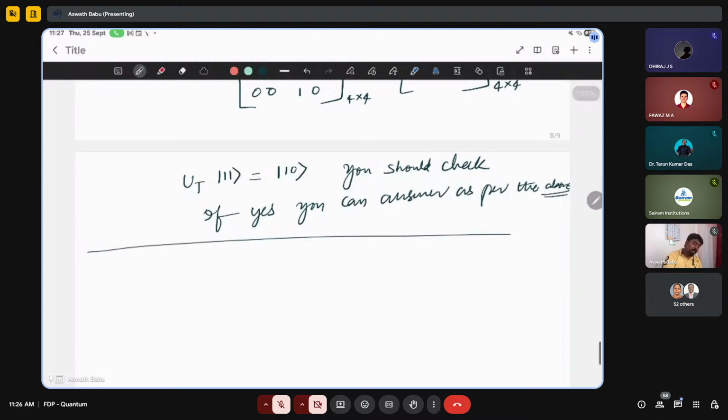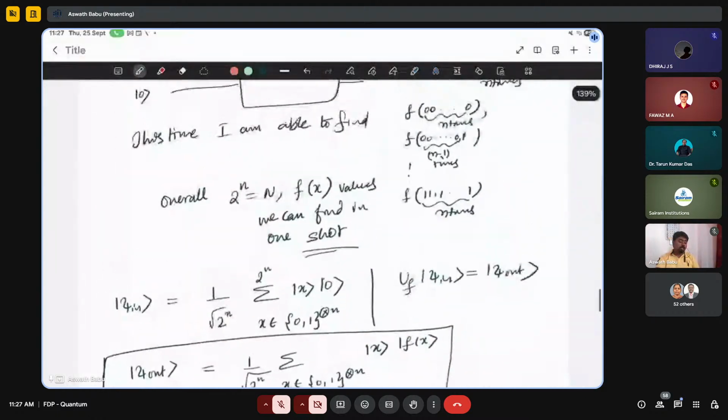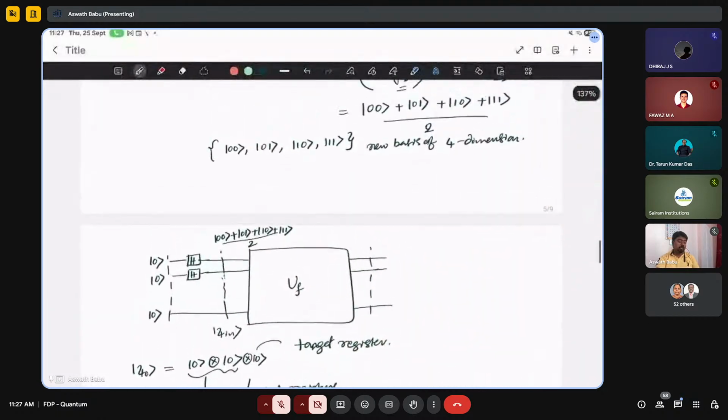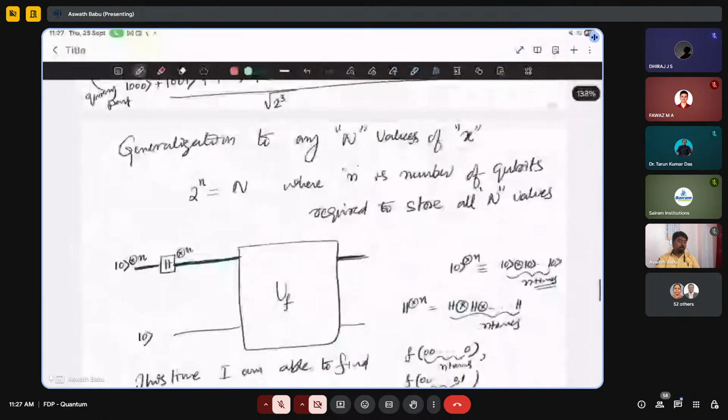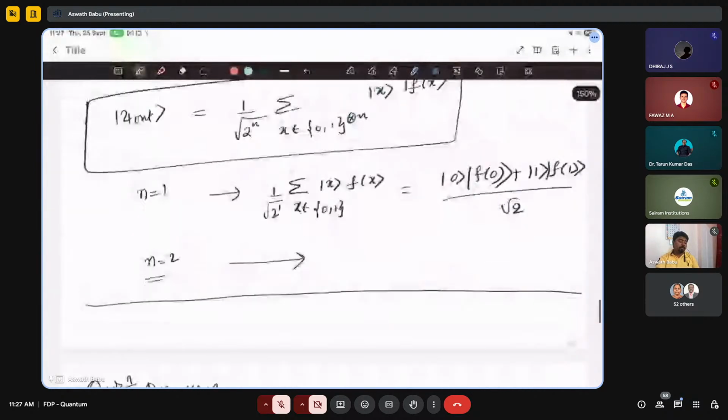For the first question, it is about Deutsch algorithm and Deutsch-Jozsa algorithm. We are going to discuss that now. Okay. So after going through this Deutsch-Jozsa algorithm, you would be able to understand that first question and you would be able to answer. Okay. So let's conclude wherever we stopped.